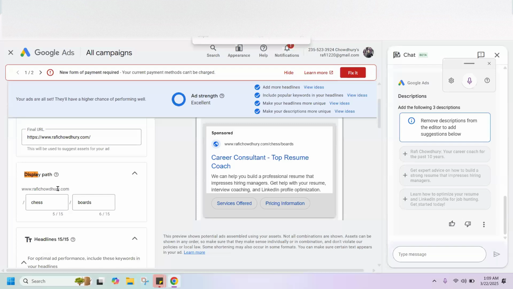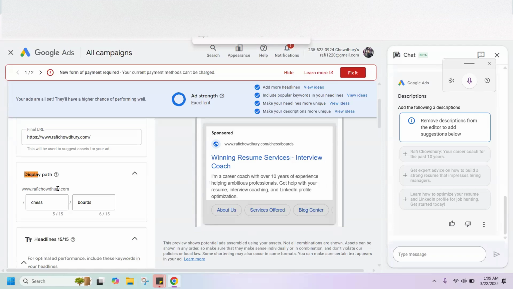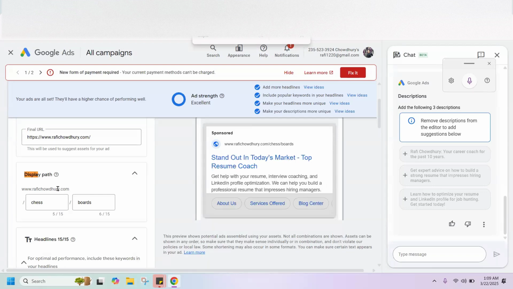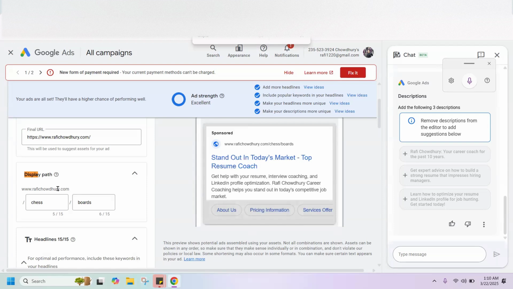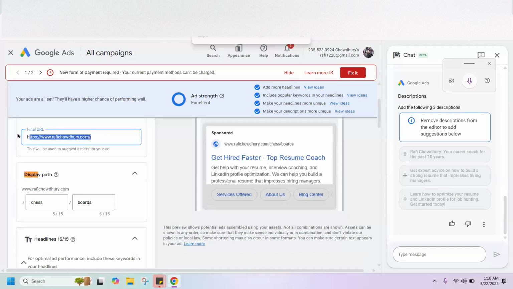Say I make an ad that says Donald Trump was killed yesterday, and my display URL says www.cnn.com/Donald Trump, and they click it and it takes them to my website, rafichowdhury.com, which I have mocked up to look just like CNN with an article saying Donald Trump died last night. Don't you think I could fool a lot of people? That's probably why they don't allow that, right? Yes, the root domain can't be changed, but Facebook allows this, I think.